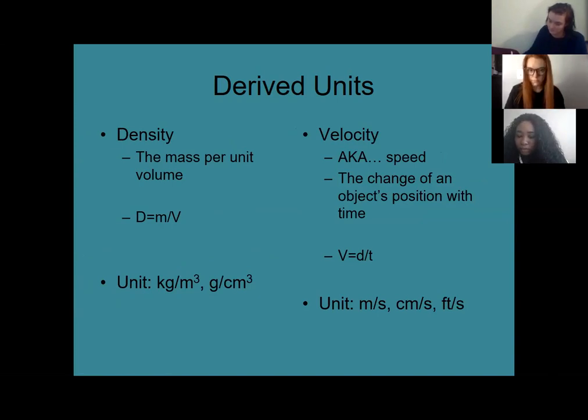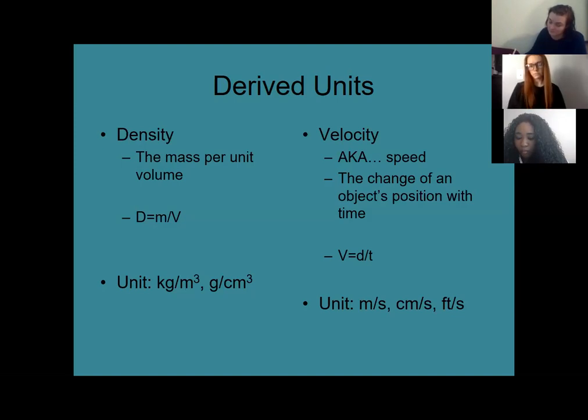By definition, density is the mass per unit volume. So how much matter have we crammed into a certain container, into a certain volume? The formula for density is mass divided by the volume. So the units would be units of mass divided by units of volume.